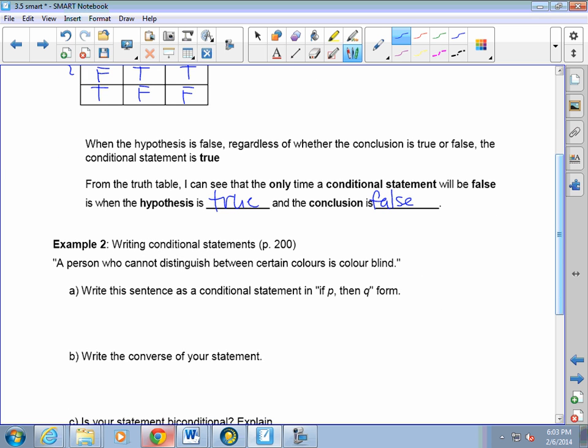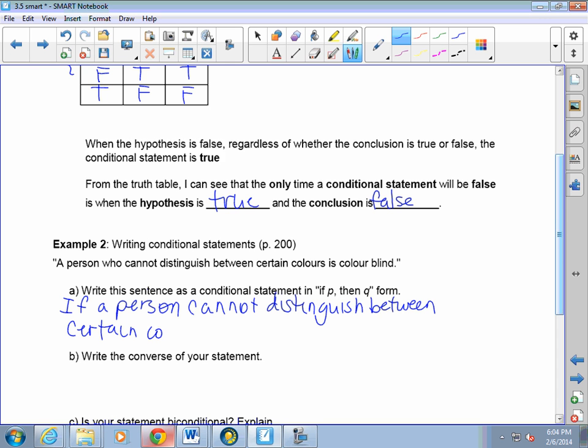Okay, so let's take a look at another one. A person who cannot distinguish between certain colors is colorblind. To write this as a conditional statement where if P then Q, what you're saying is if a person cannot distinguish between certain colors, then that person is colorblind.